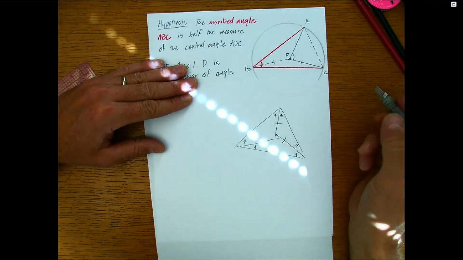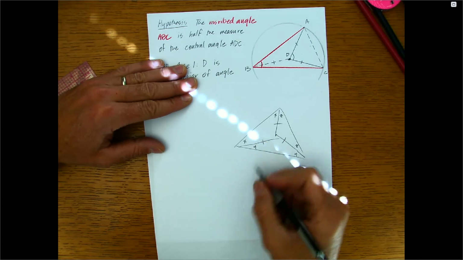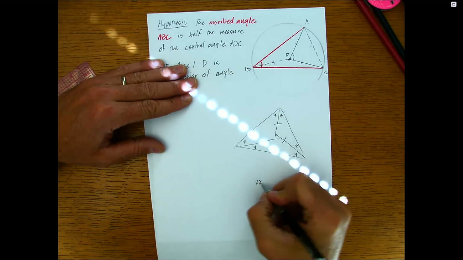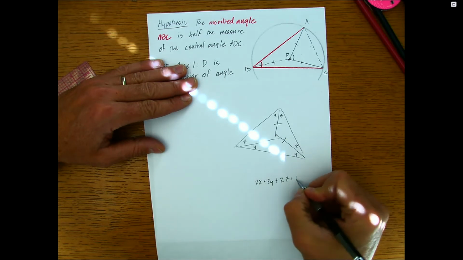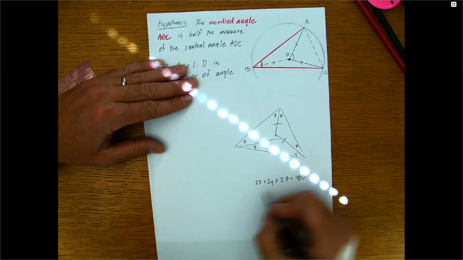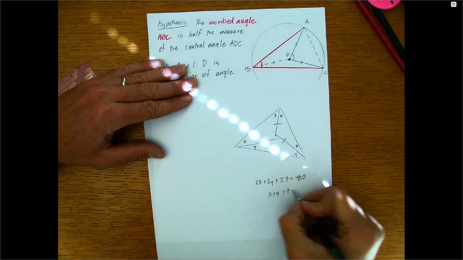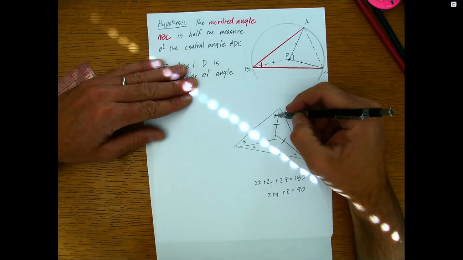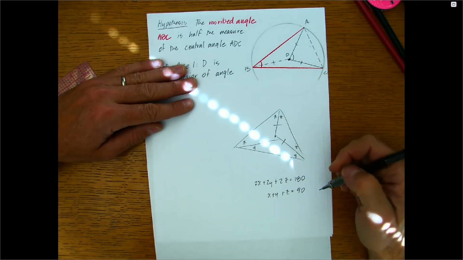If that's the case, then for the big triangle, the angle sum is 180 degrees. So that would be 2x plus 2y plus 2z equals 180, a factor of 2 in each of those. So x plus y plus z is 90. That's kind of interesting: if I take just one of these angles from here and from here, the sum always has to be 90.